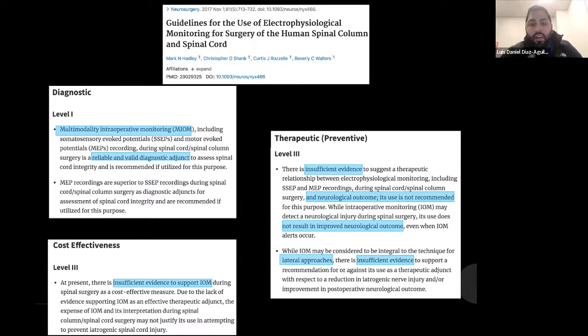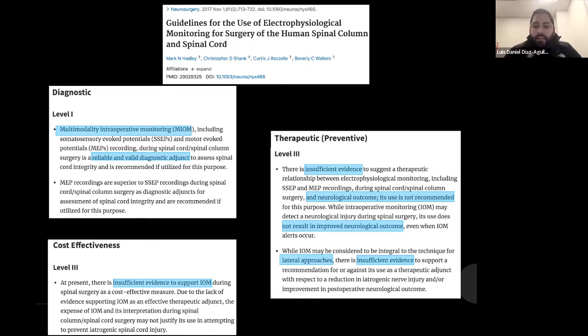This finding also holds true for the lateral approaches, with insufficient evidence to confirm that there is a use for it as a therapeutic adjunct to reduce iatrogenic nerve injury or improve postoperative neurologic outcome. However, in my experience, seeing that there is a change rapidly leads to a reduction in overall retraction time.